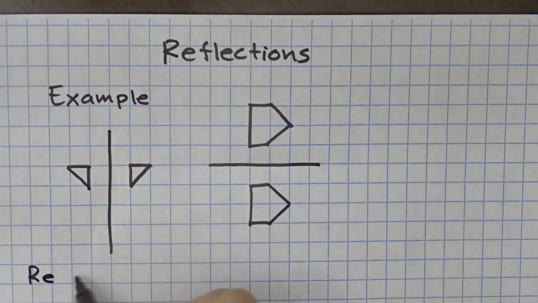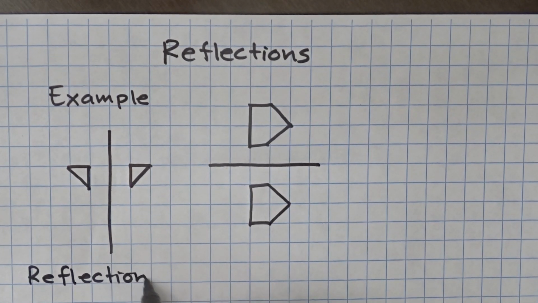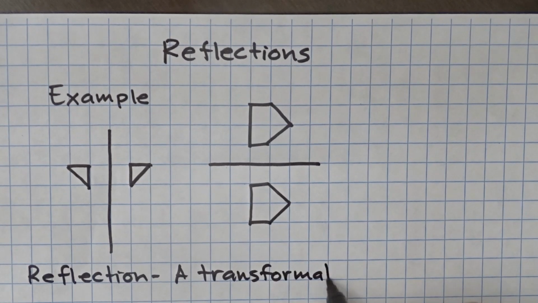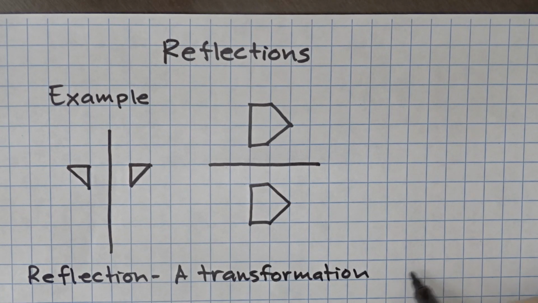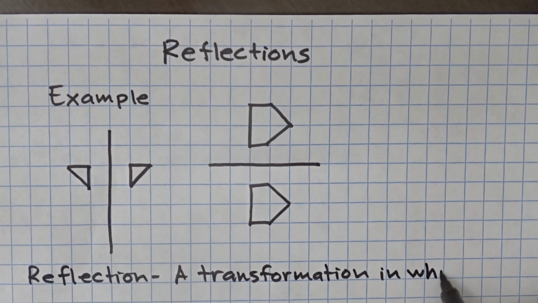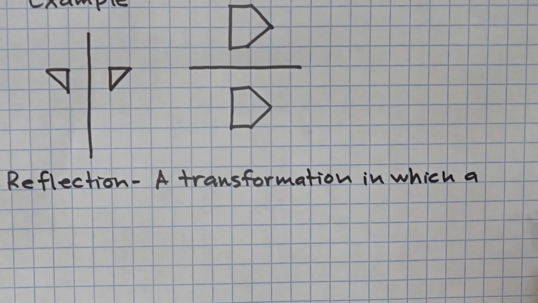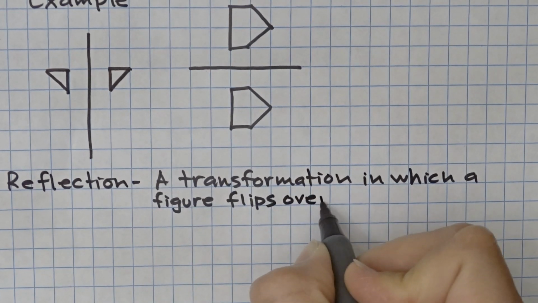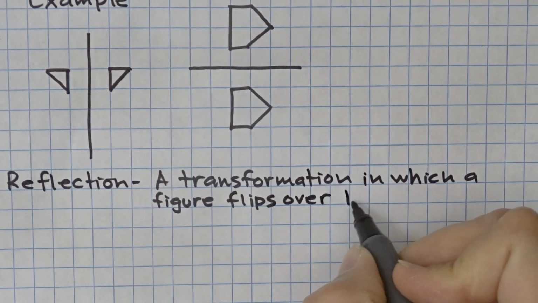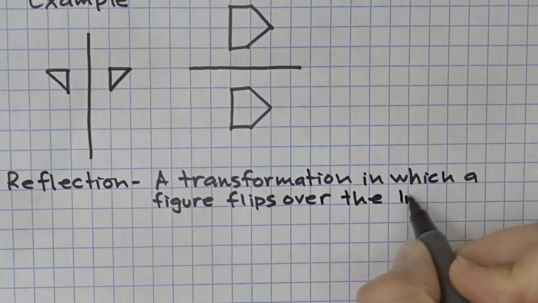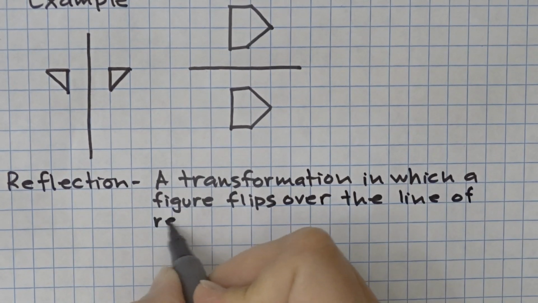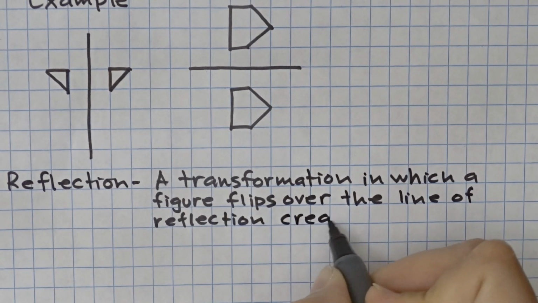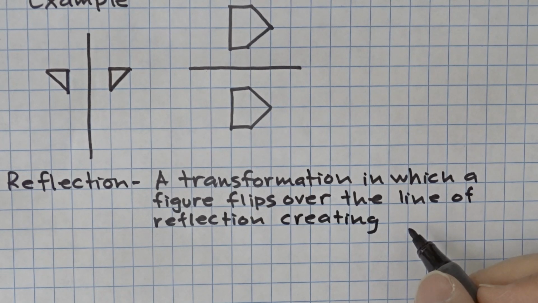So a reflection by definition is a transformation in which a figure flips over the line of reflection, creating a mirror image of the original figure.